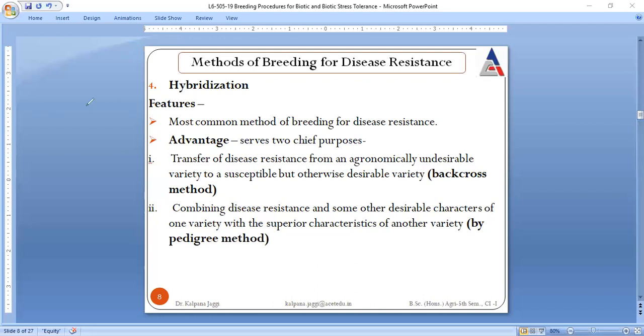The next method we will talk about is hybridization. Whenever I say hybridization, what should quickly strike the mind is where one variety is crossed with another variety, right? And when we are crossing one variety with another, we know these are diploids.